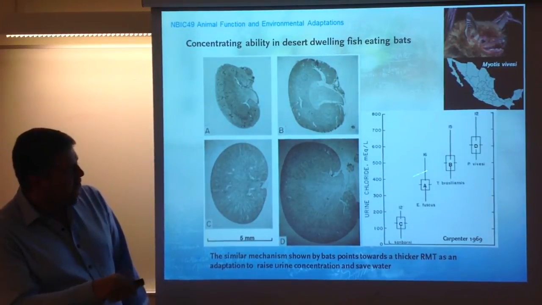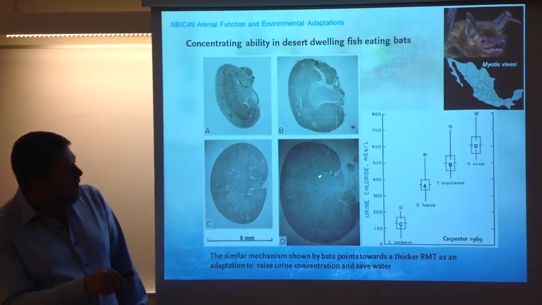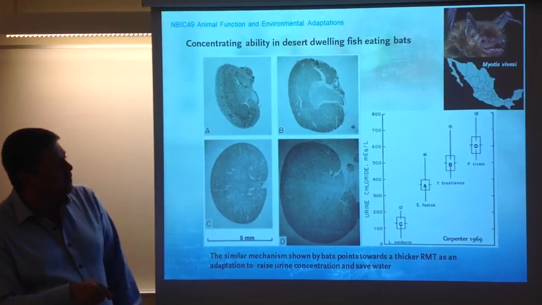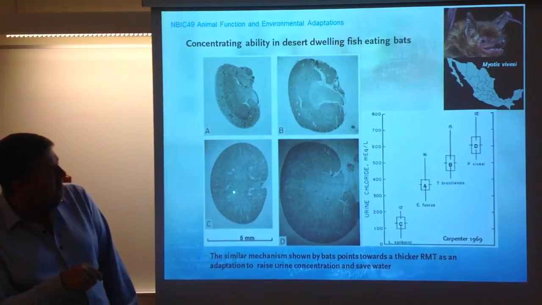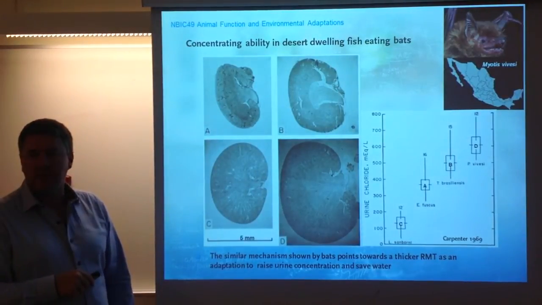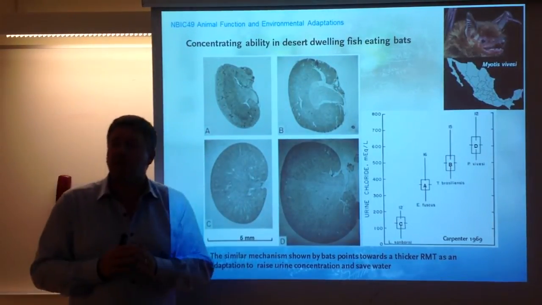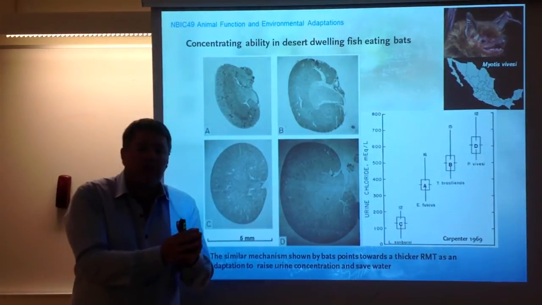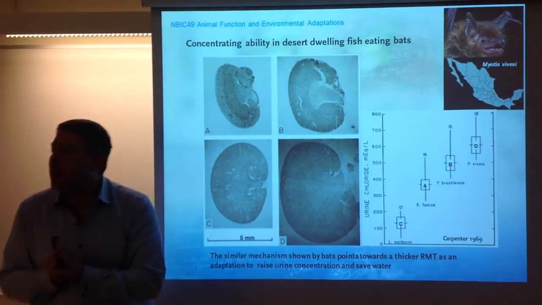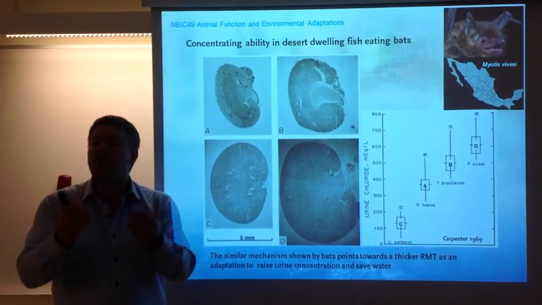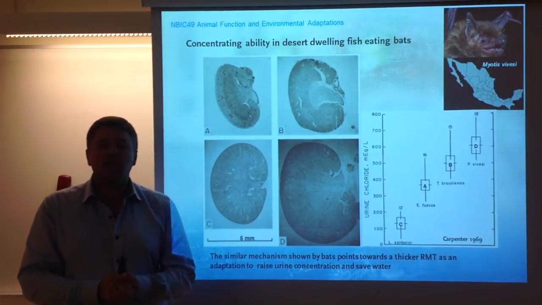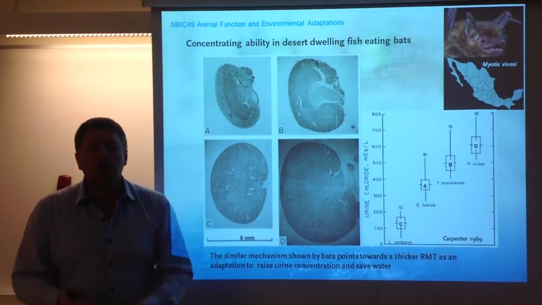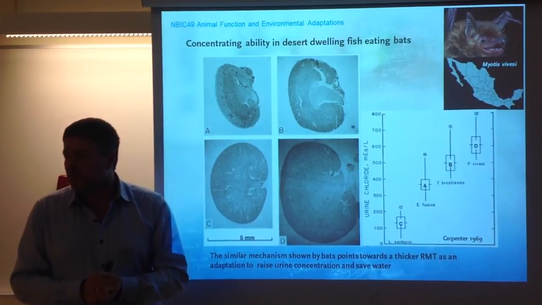That's the D picture. The D picture showing a larger relative medullary thickness in comparison with the other species, in particular with the C picture here, this bat. So, what's interesting here is that the same thing that appears in rodents, we see in bats. Increased relative medullary thickness associated with an increased concentrating ability of the urine.